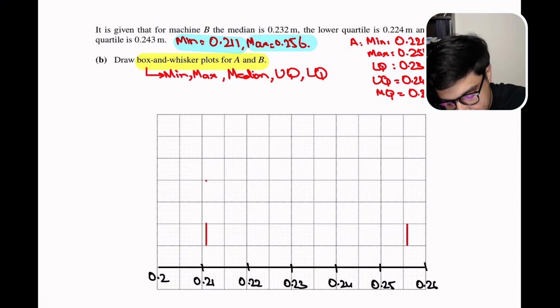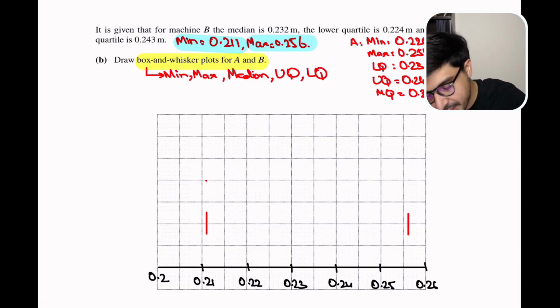Then comes the, okay, let me just mark it in the middle somewhere. This is better, I guess. Right? Then comes the lower quartile, which is 0.224.